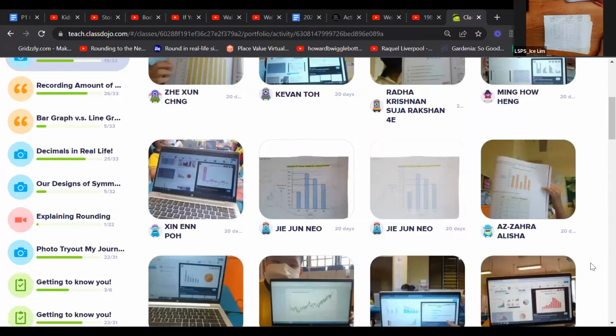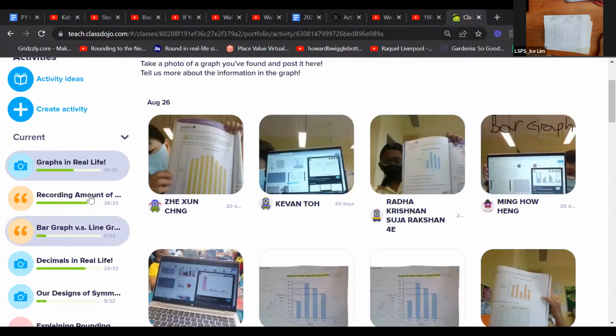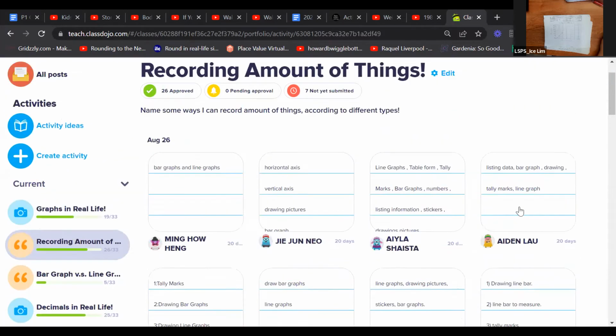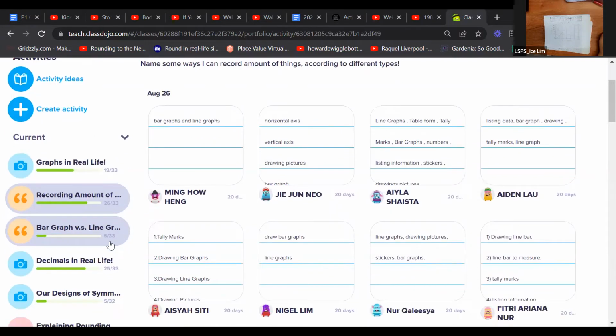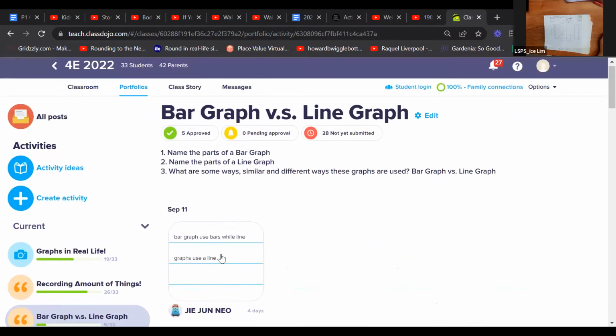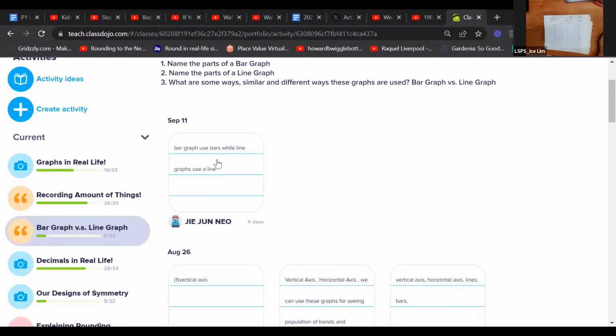And we also talk about the different ways of recording things: tally marks, tables, line graphs, bar graphs, listing. So one person answered this. Here Jin says bar graphs use bars while line graphs use a line.